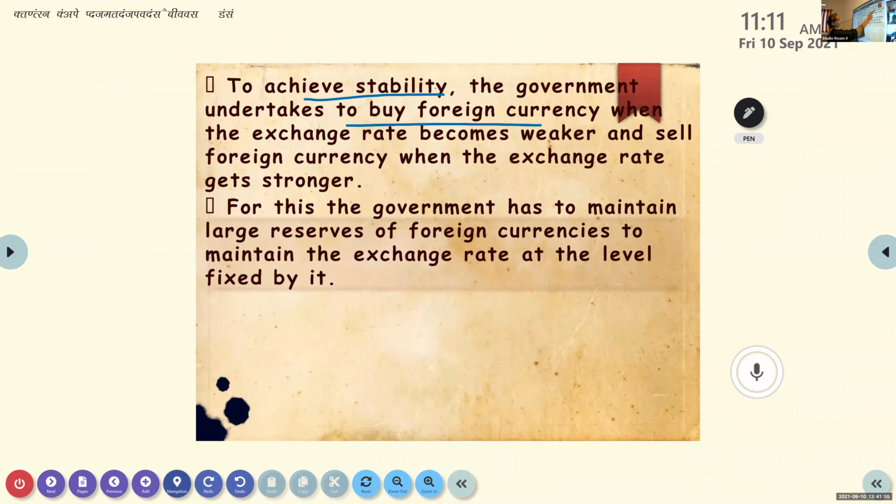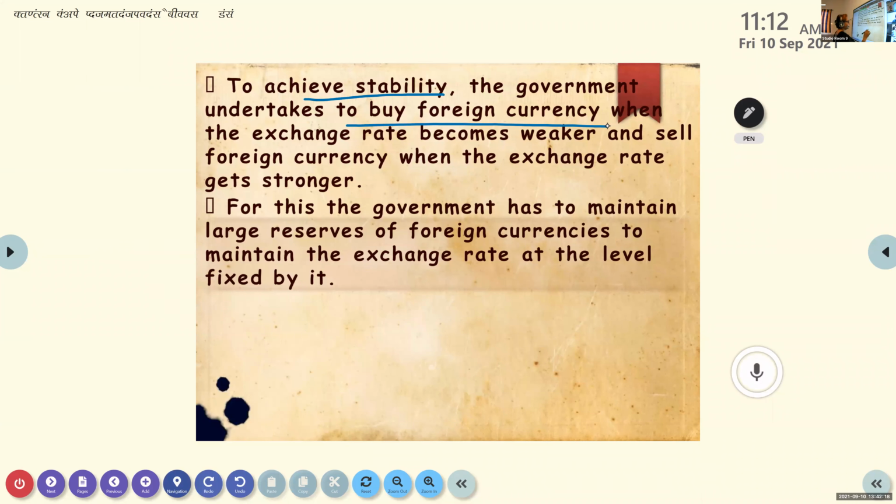They buy the foreign currency, and whenever it is becoming stronger, they sell the foreign currency. When it is strong, we can say that our currency's value is reduced.